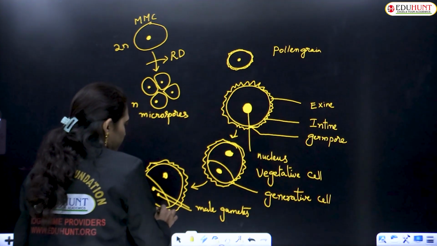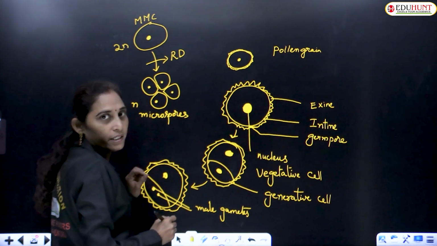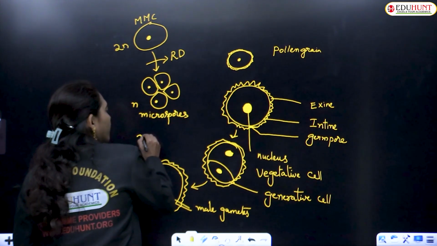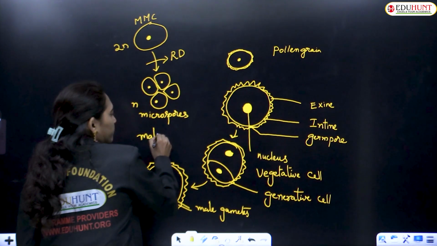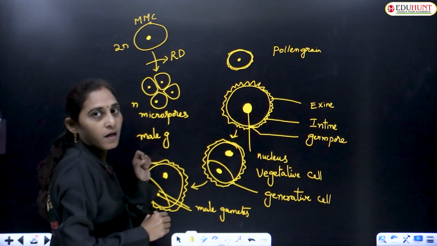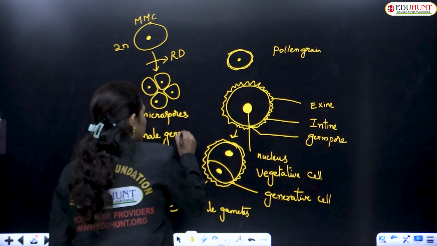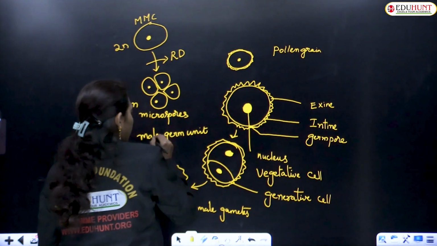And this is about the male gametophyte. This is called the male germ unit or male gametophyte, because it now has haploid structures.